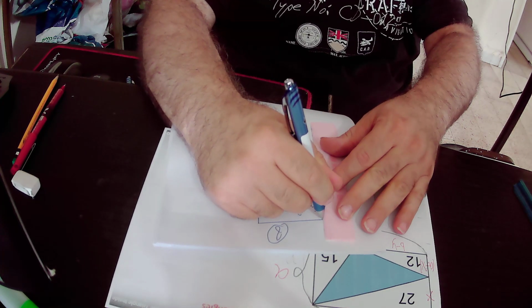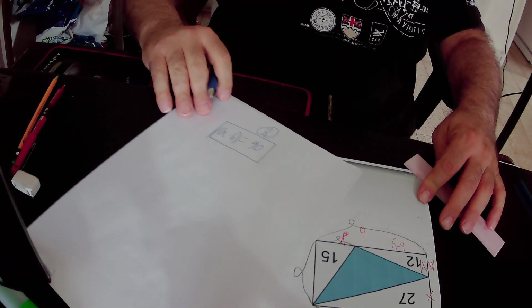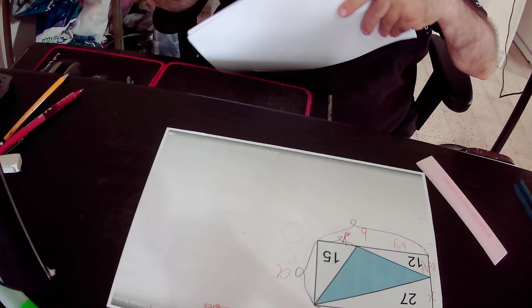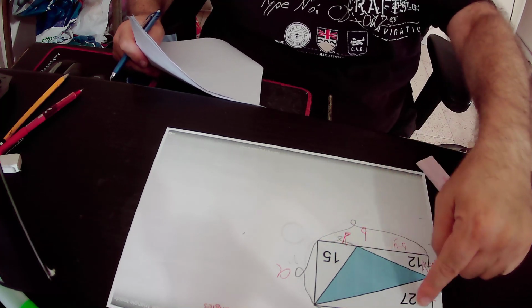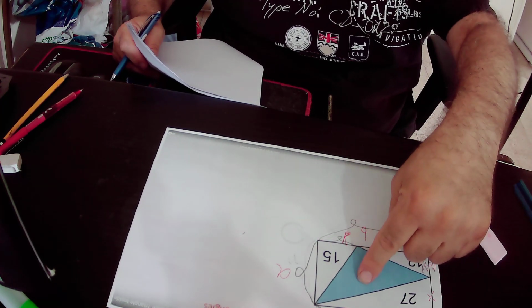So the area of this rectangle is 90 units, and the area of this rectangle minus the sum of the areas of these three right triangles equals the area of the blue triangle.